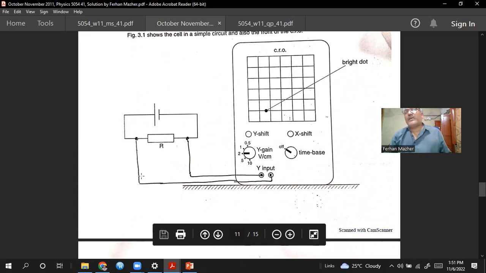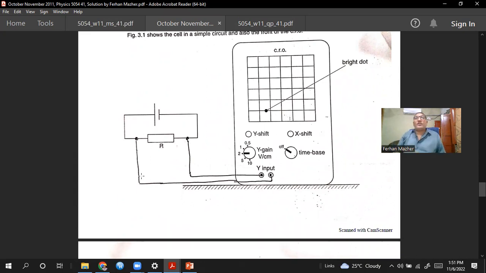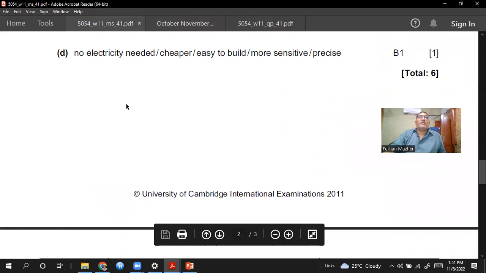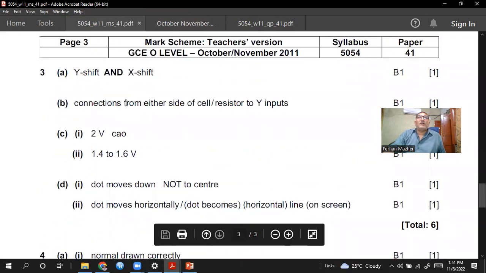If you want the voltage to be displayed on the CRO screen, you connect the leads to the Y input. Connections from either side of the cell resistor to the Y input. So the answers are right.